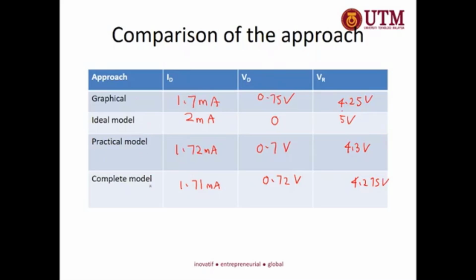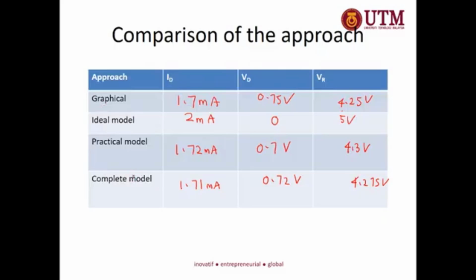Among these approaches, the graphical method is the most accurate solution, provided that you read the intersecting point correctly. The next approach that is close to the actual solution is the complete model.